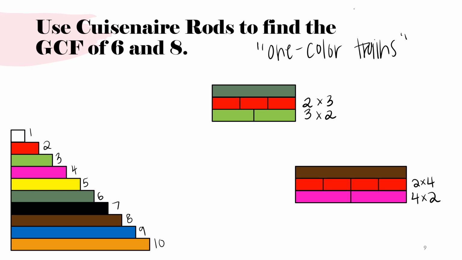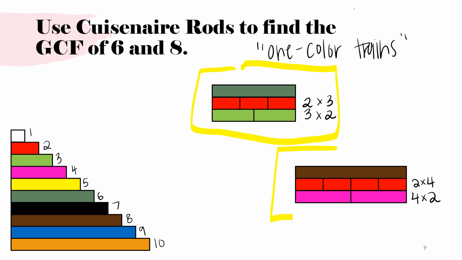And there's no other one color trains that we could use to match the length of that brown rod. So then you look at your little setups individually. All right, so let's take our 6 rod, then we're going to look at our 8 rod and say, okay, do they have any one color trains that match?